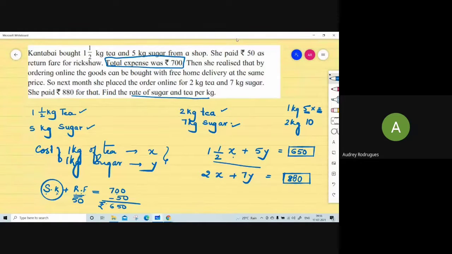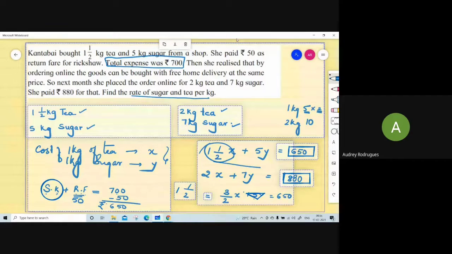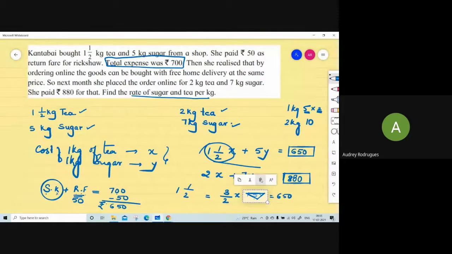Now, can we find the solution to these equations? Yes. Now, one more point is this 1.5X. 1.5 can be written as 3 by 2 X plus 5Y is equal to 650. Okay, so when you write it that way, here it will be 3X plus 5Y.